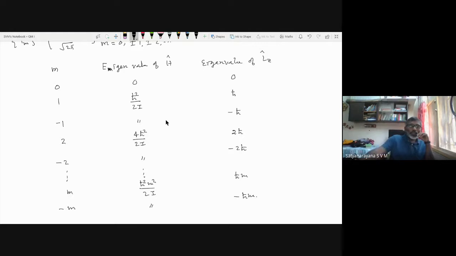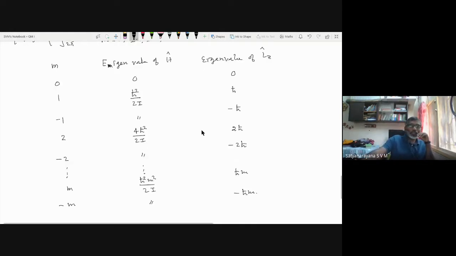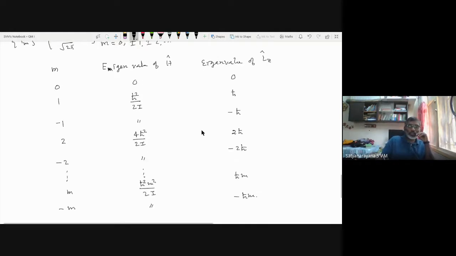Now if you look at the set of these two values, that means this one, this set is 0, 0. If you look at the sets, these sets are different, no set is the same.